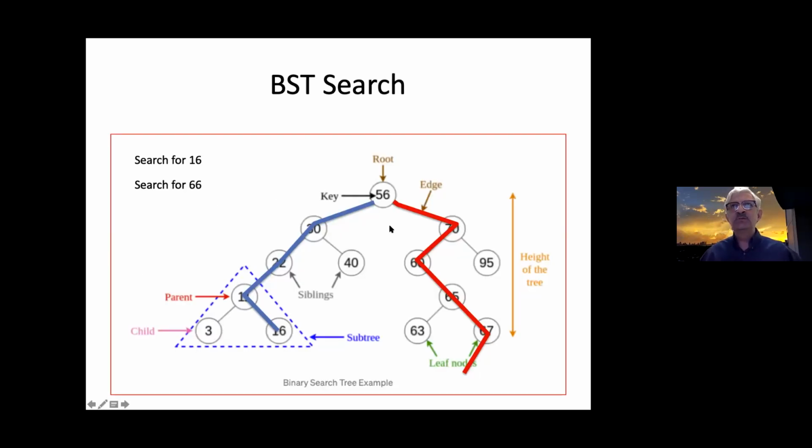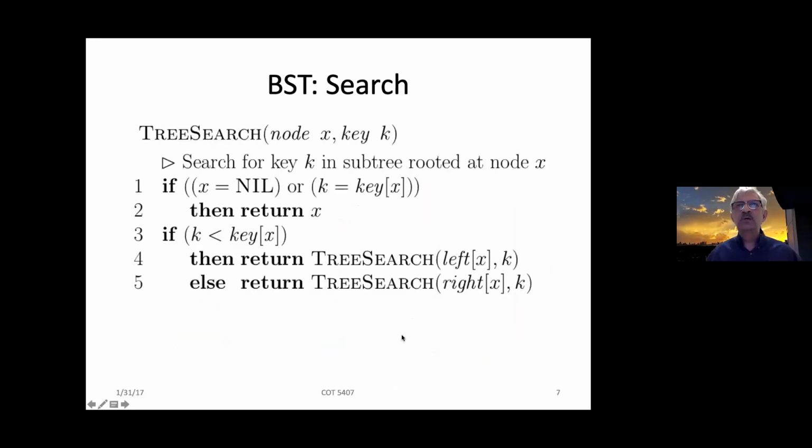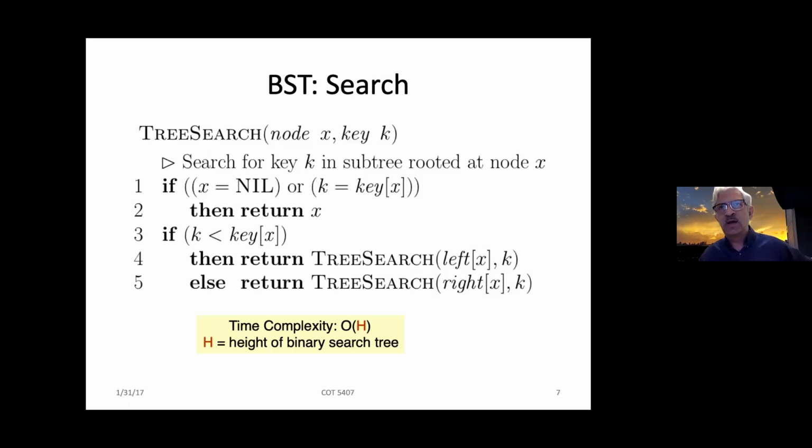So in the worst case, we're going to follow the longest path in the tree that starts at the root and ends at some leaf. And we said earlier that the definition of the height of the tree is the longest path starting from the root to a leaf node. And therefore, what we know is that the search process essentially is going to have a time complexity equal to the height of the tree.